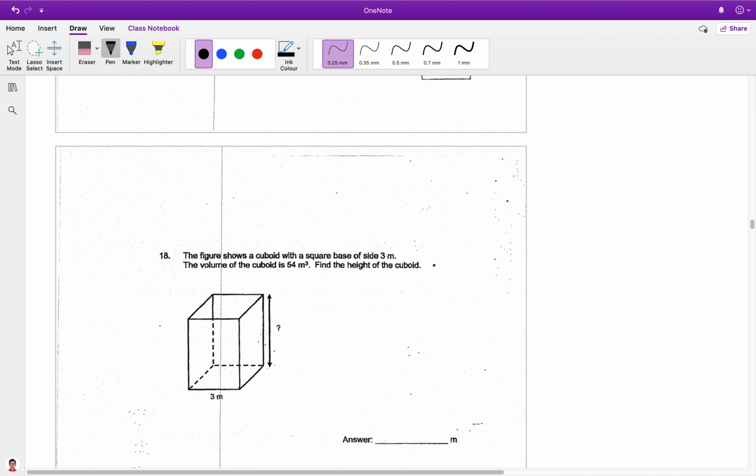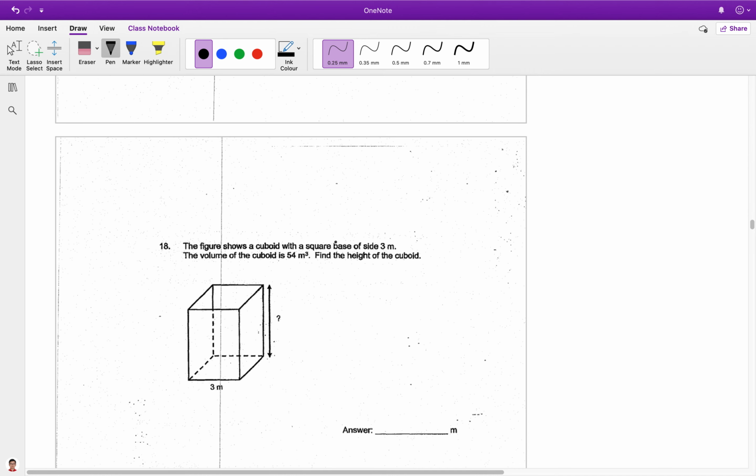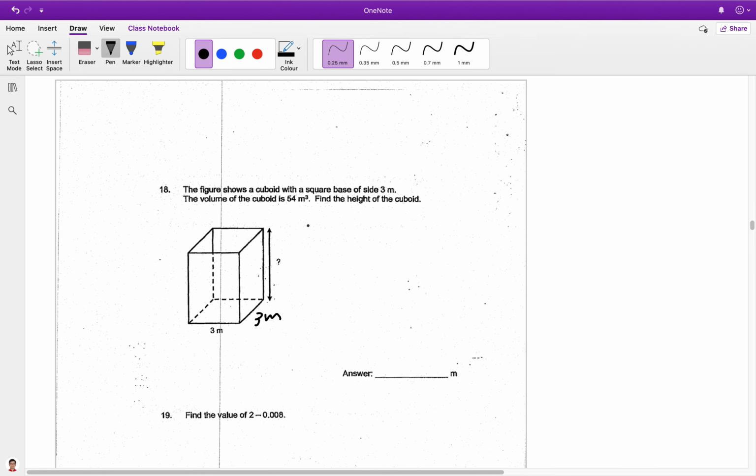Okay, let's come to question 18. The figure shows a cuboid with square base. So this 3 meter, now 3 meter, right? Side is 3 meter. The volume of the cuboid is 54. Oh, this one is just very simple. It's about the concept of volume, right?